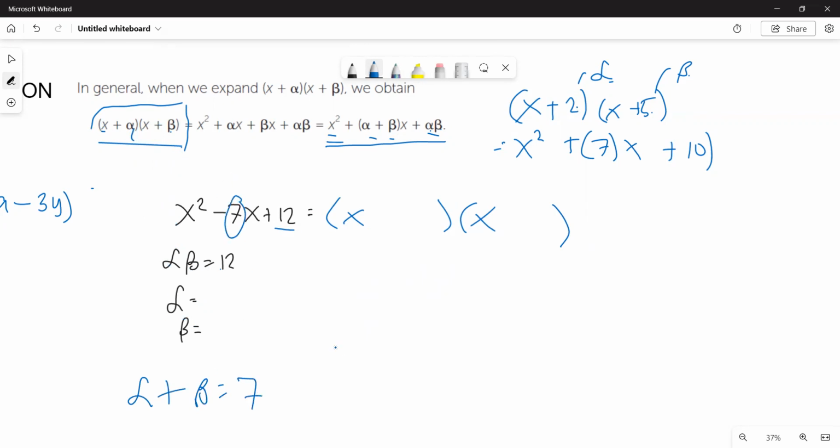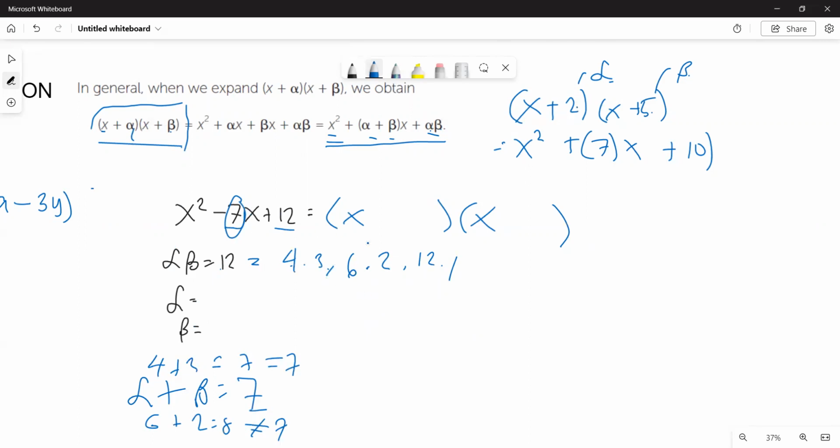And for you to get that, the factors of 12 are 4 and 3. What else? 6 and 2. What else? 12 and 1. If you use 6 plus 2, this is 8, which is not equal to 7. In other words, you have this answer, 4 plus 3, which is 7, equal to this value.